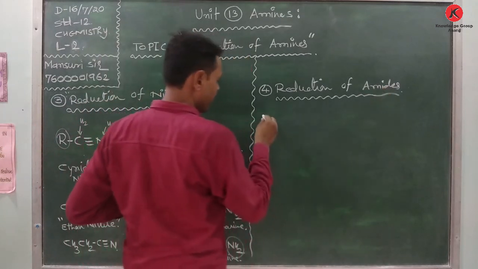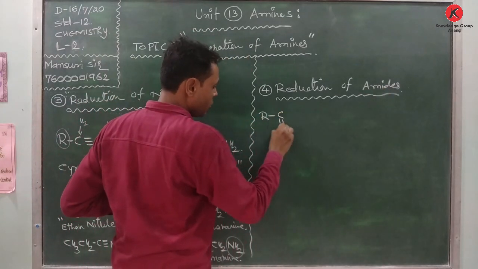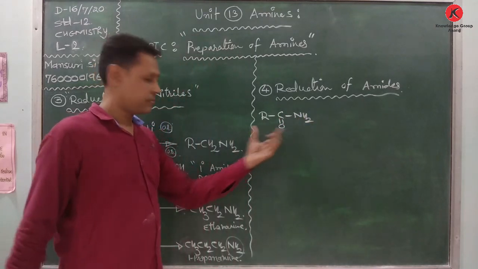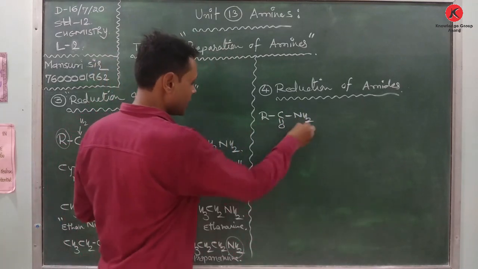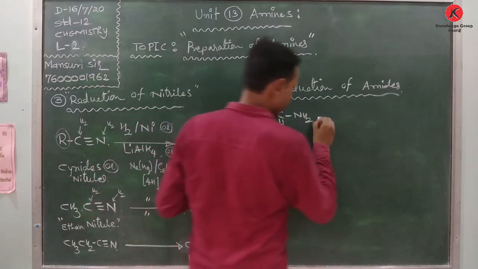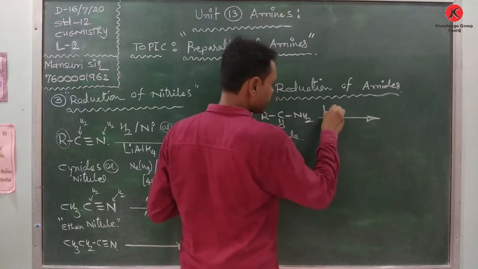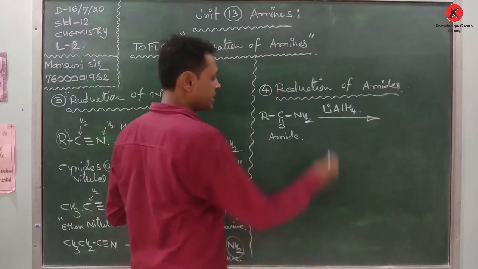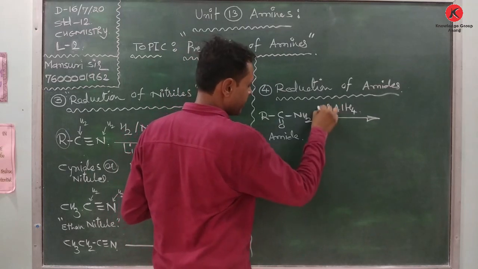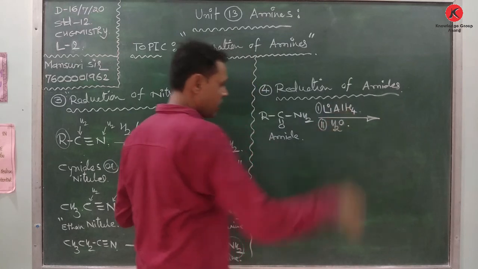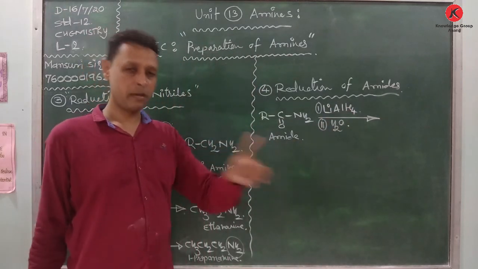Here we should have RCONH2. This is an amide. The reaction is with only and only lithium aluminum hydride, and thereafter by hydrolysis we can obtain primary amine.